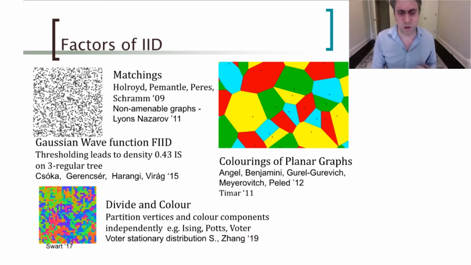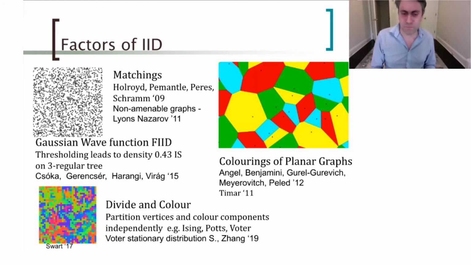Holroyd and Peres and others were looking at questions of finding matchings in, say, point processes as factors of IID. Given a planar graph, you can ask whether there is a coloring of the planar graph that's a factor of IID. Angel et al. showed that you could do it with 6 colors, and Ted Meyer improved that to 5 colors.